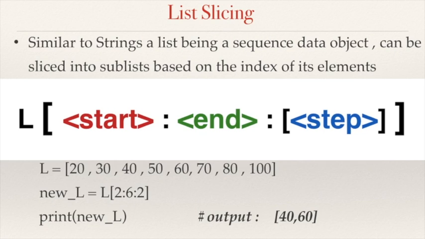So we have a list L, and then to slice out sublist, we have to mention the starting index given in red, the end element index given in green, and the element jump or the step given in blue. Within the list, all separated with a colon, as you can observe.